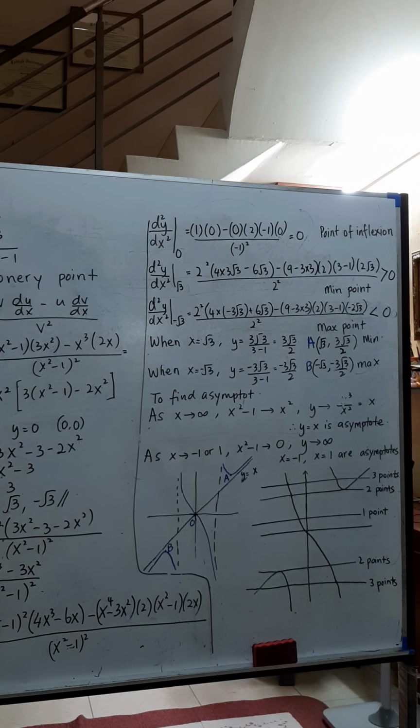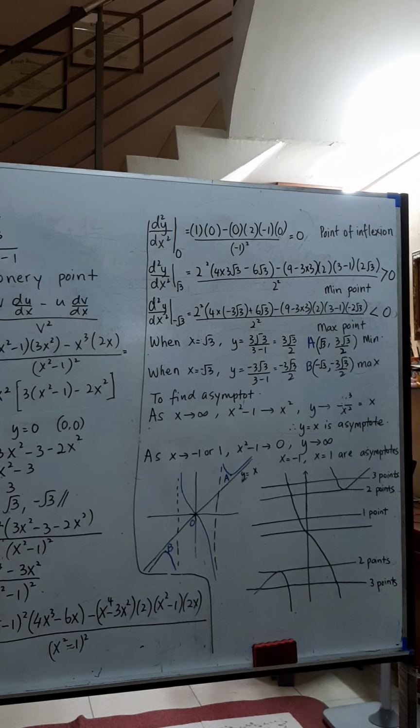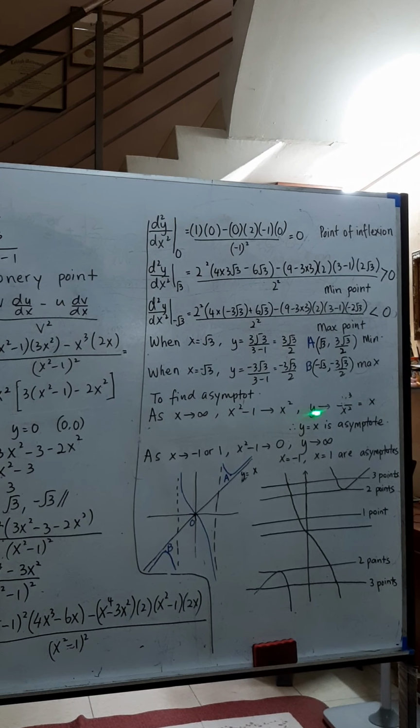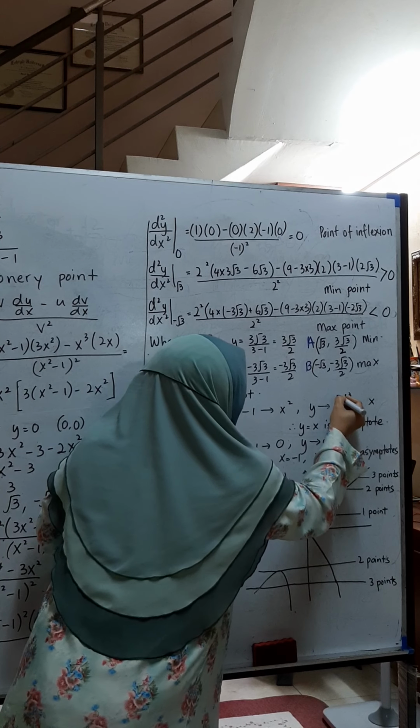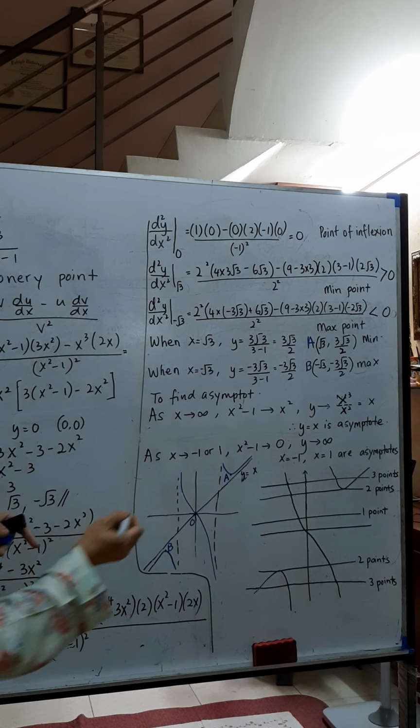When x goes to infinity, x squared minus 1 is just x squared. The constant doesn't make any difference there. So y will just go to x cubed over x squared.